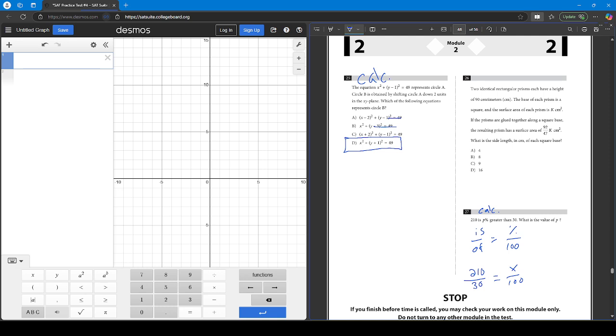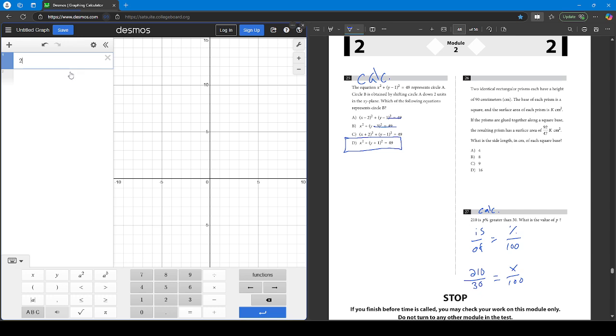The way that I'm saying this is not exactly the same question as how many times greater is 210 than 30, okay? But it's going to get us close to our answer, and it's easier than looking at the explanation that they give me in the packet.